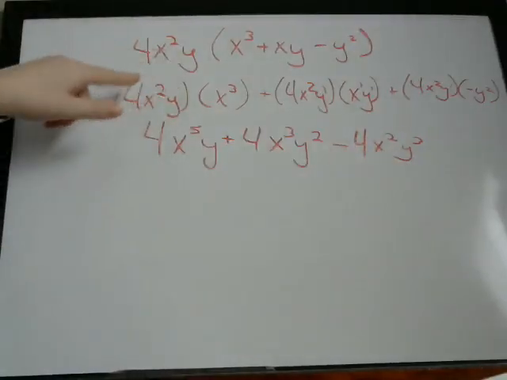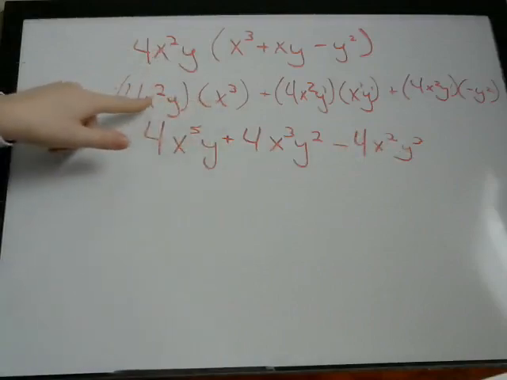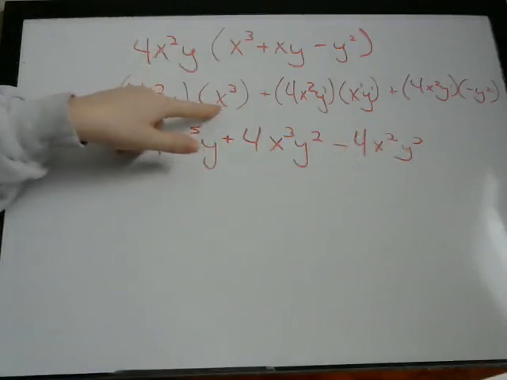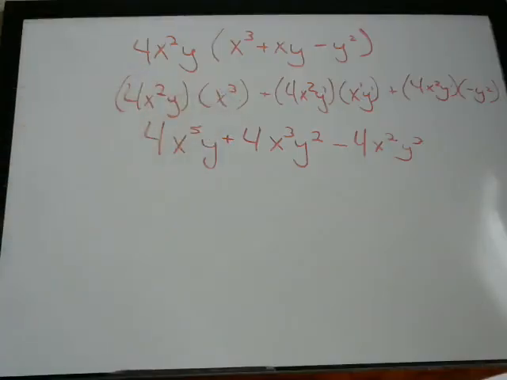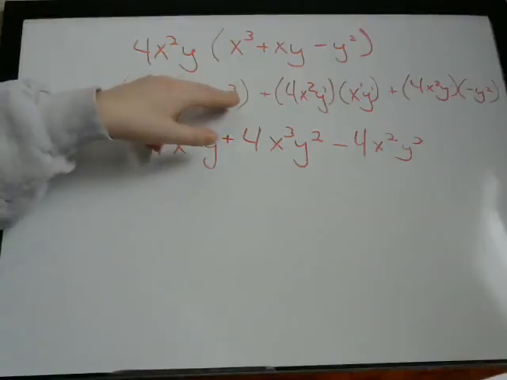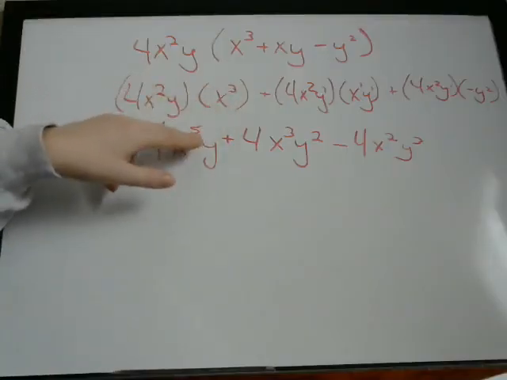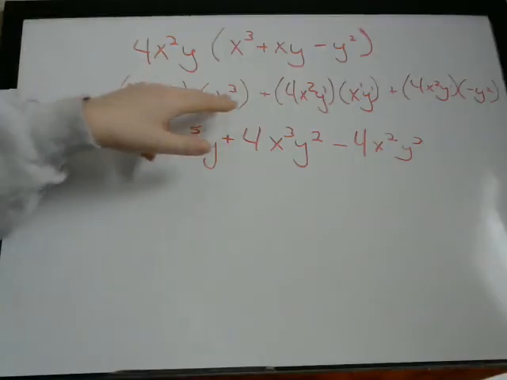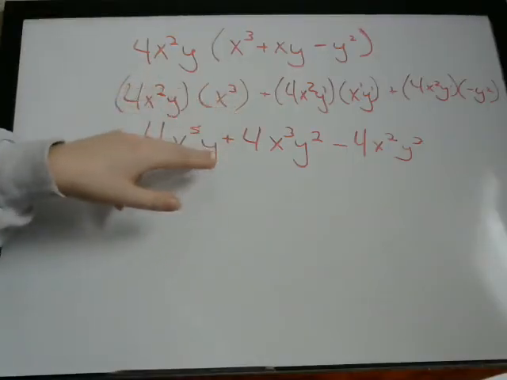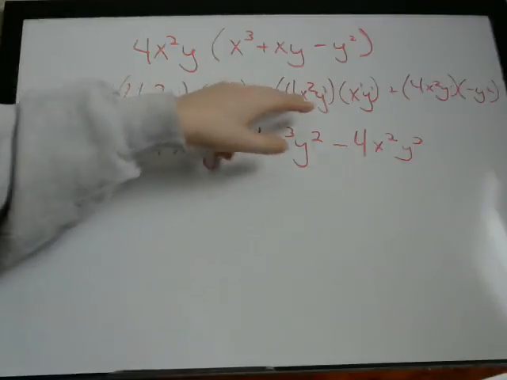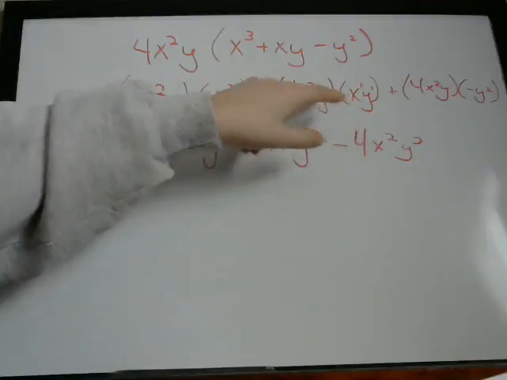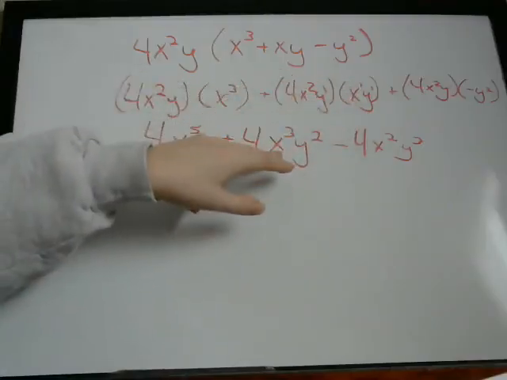And all you're doing is you just match up the variables. So if you have an x and an x, when you're multiplying, you add the exponents. It's a simple addition. So 2 and 3 gives you 5. If there is no other variable, then you just write it down. So here was a y, you just write down the y. Here we had x squared times x, so that was 2 plus 1, which gave us an x cubed.